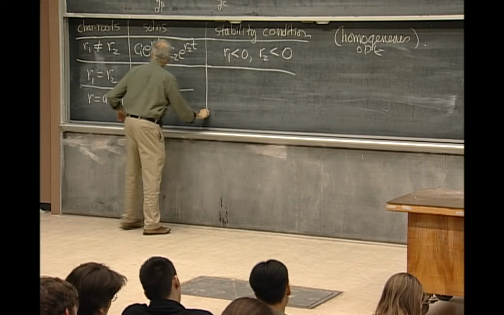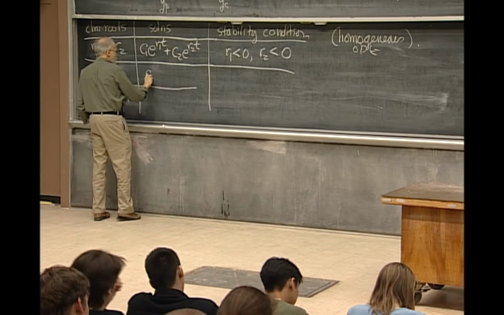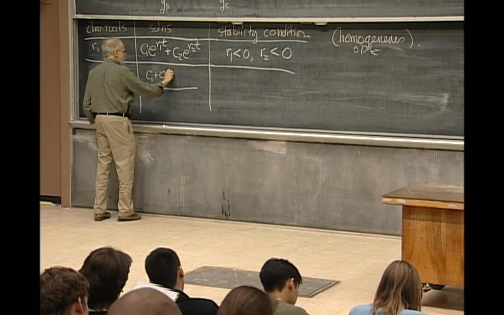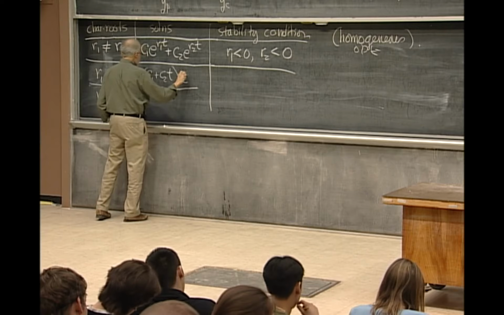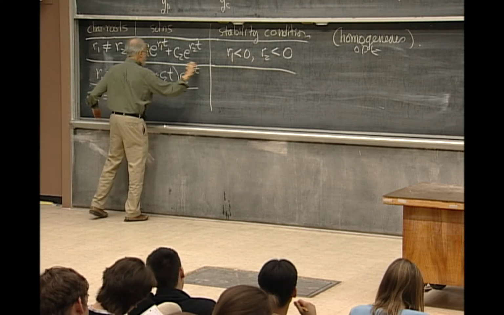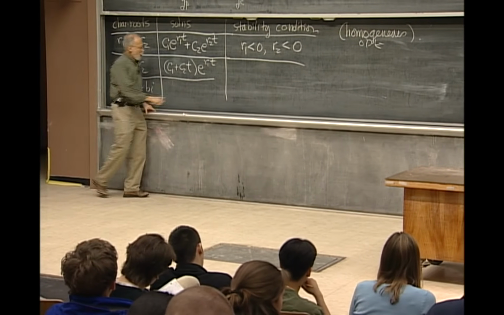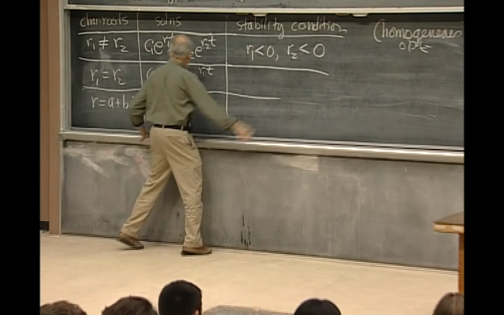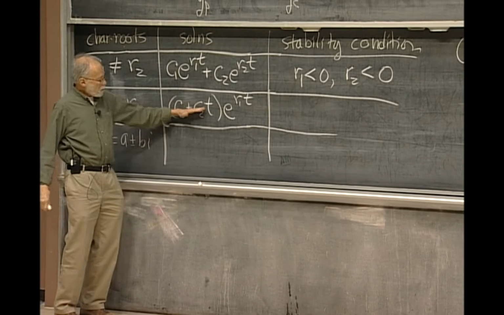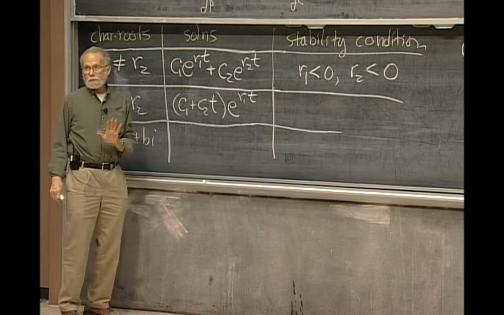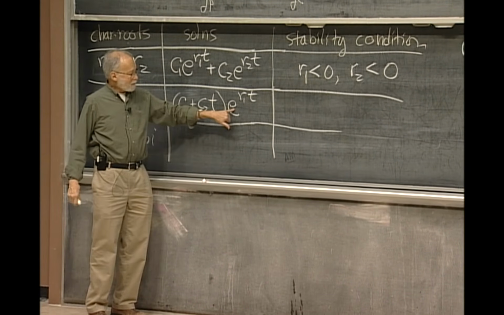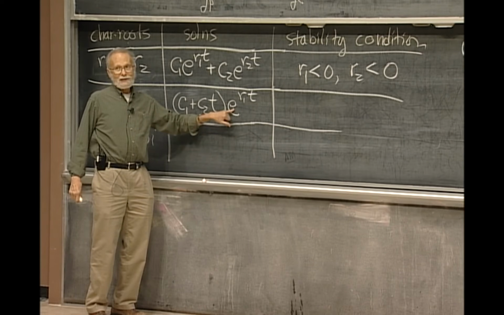How about this one? Well, in this one, it's C1 plus C2 times t multiplied by e to the R1t. Of course, both of these are the same, so I'll just arbitrarily pick one of them. What happens to this as t goes to infinity? Well, this part's rising, at least if C2 is positive. This part is either helping or it's hindering.